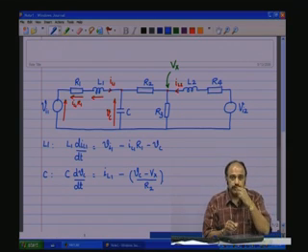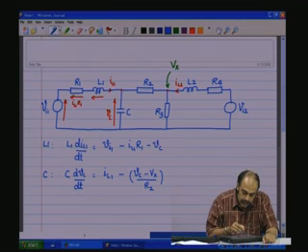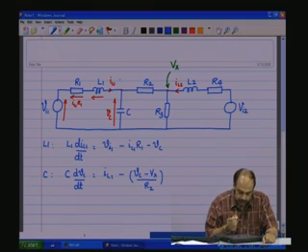This is the current through R2, and by Kirchhoff's current law at this node, the sum of IL1, the current through R2 and the current through C should algebraically add up to 0.